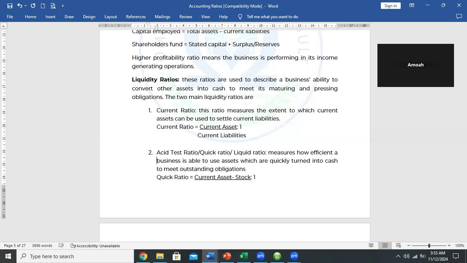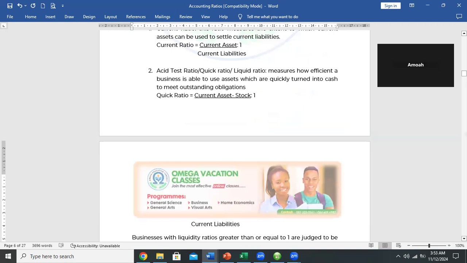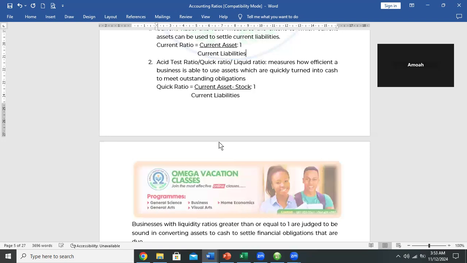The second one is the asset test, or quick or liquid ratio. In fact, it's very funny because it's the same formula, just that this time we are going to deduct stock from the current assets. So for the asset test ratio, the formula is your current assets minus stock, and I'll explain why we are deducting the stock, divided by your current liabilities.